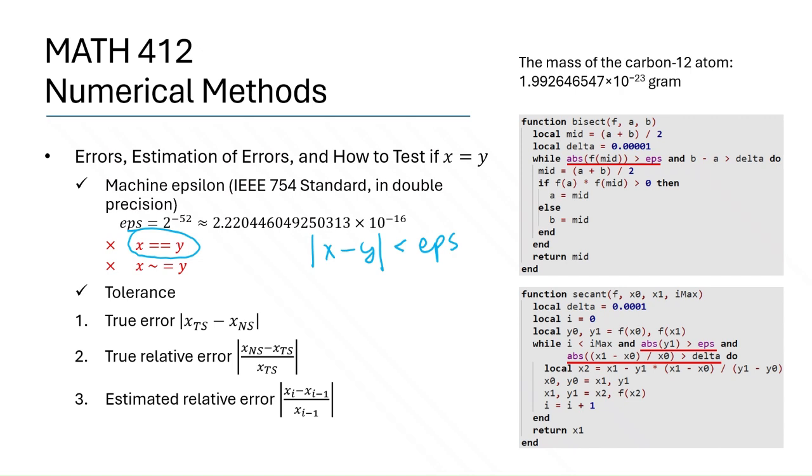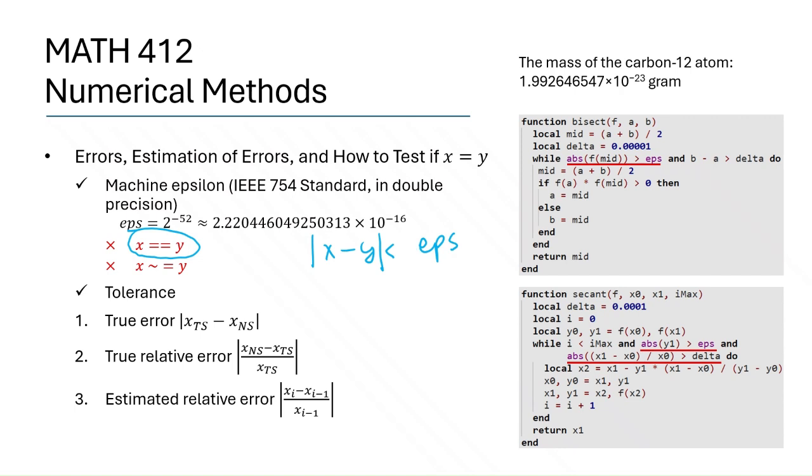It depends. You can check the source code of my Lua Mathly module. Sometimes you multiply epsilon to make it a little bigger, because many times you don't need that precision. So you may use 10 times this, 100 times this, no big deal.